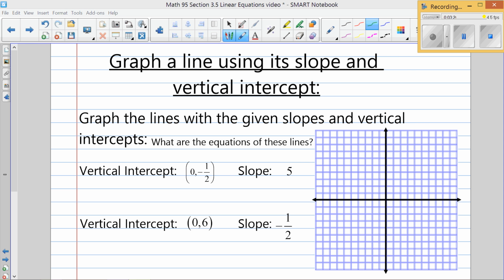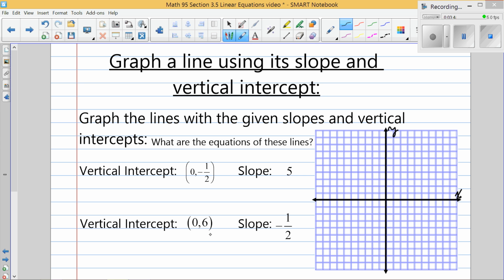Now I would like to graph lines given a vertical intercept and a slope. Remember that when I'm given a blank grid like this one, before I can do anything else, I'm going to need to scale it and label my axes. I like to use y and x when I'm dealing with graphs, so I will put a y up on this axis and an x over here.